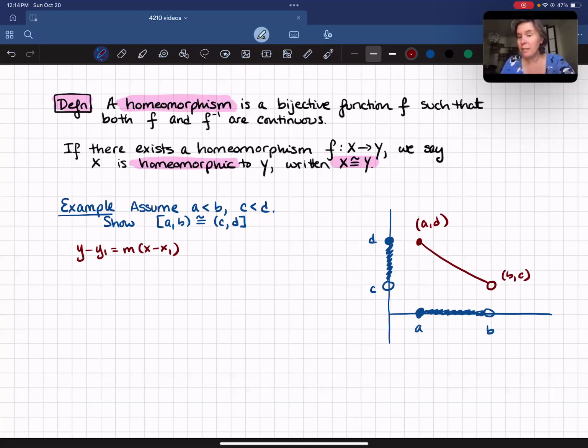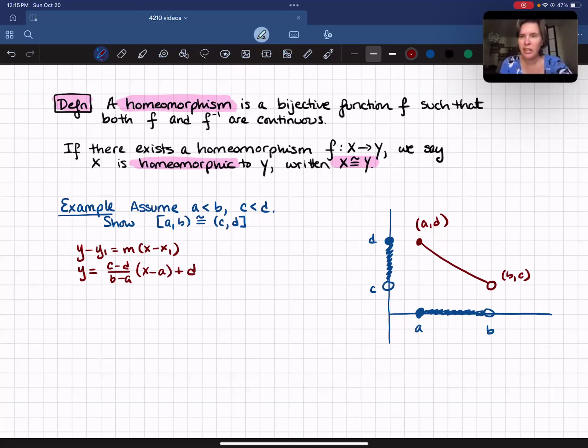And then for my slope, I have two points, so I can use the slope formula, y2 minus y1 all over x2 minus x1. All right, so if I do all that and simplify a little bit, I think what I get is y is equal to (c minus d) over (b minus a) times (x minus a), plus d.